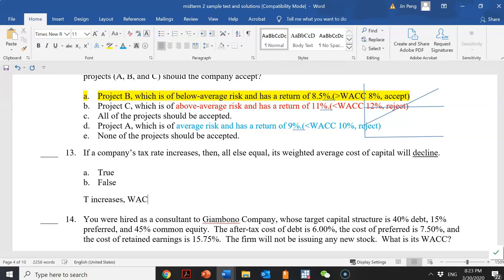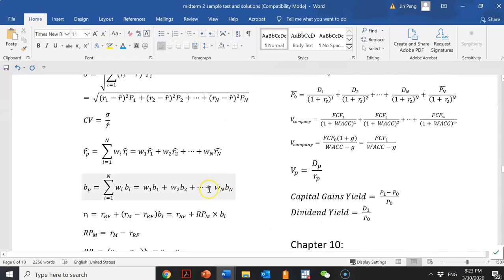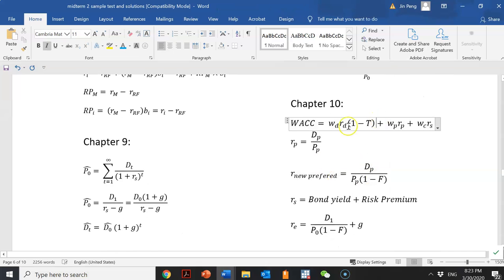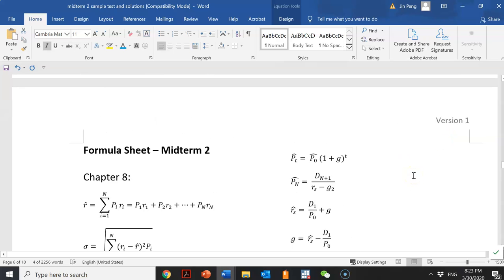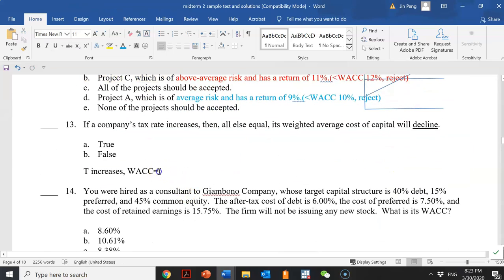WACC, according to the formula, let's go to the chapter 10 formula sheet, equals WD multiplied by RD multiplied by 1 minus T, plus WP multiplied by RP, plus WC multiplied by RS. Let me copy and paste it here.